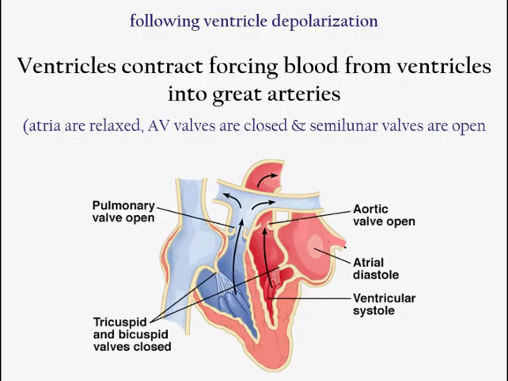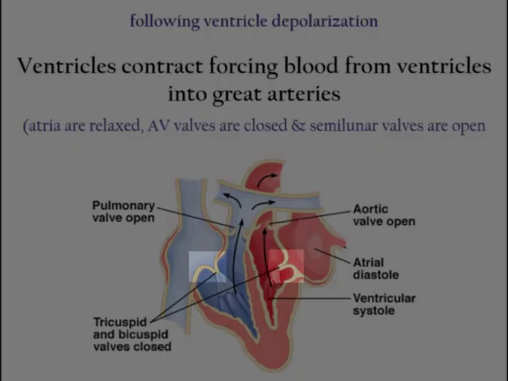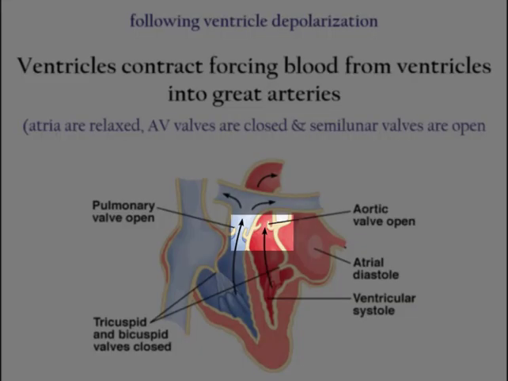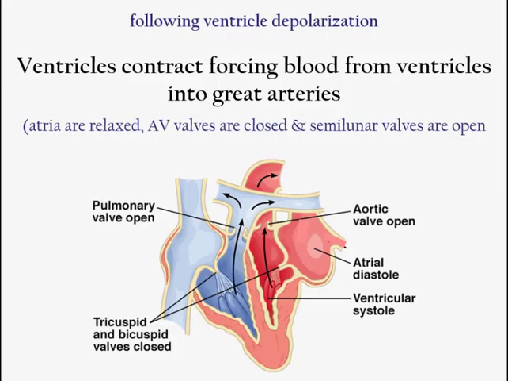When the ventricles are contracting, the pressure increase causes the tricuspid and bicuspid valves to close so that blood cannot go back up into those atria. The semilunar valves are open while the ventricles are contracting, but once they're finished, the pressure decreases in those ventricles, causing the semilunars to close so that blood can't backflow into those ventricles.